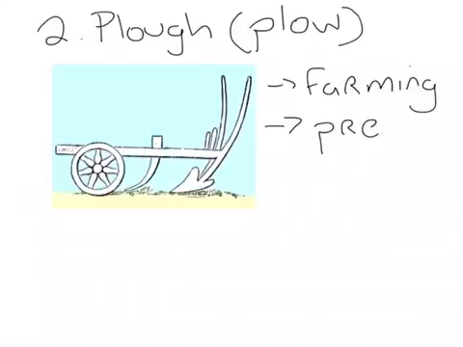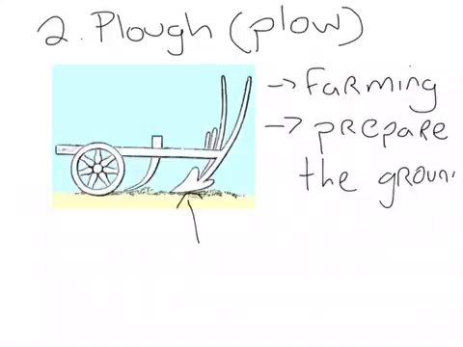Okay, you attach the plough to an animal, the animal walks, it drags the plough behind it, and this part here drags through the soil, leaving a kind of a long vertical line, and then you can place the seeds inside. So prepare the ground for planting. Now, what are the advantages of using a plough?